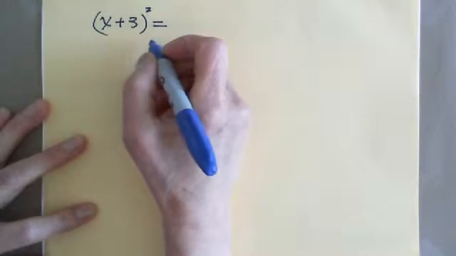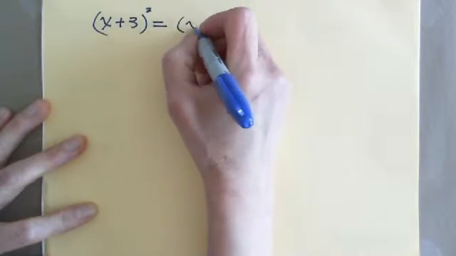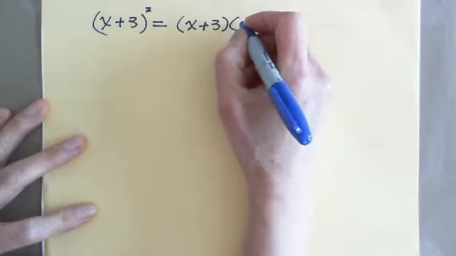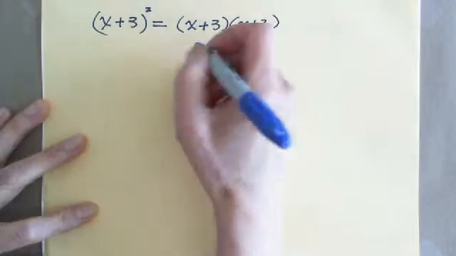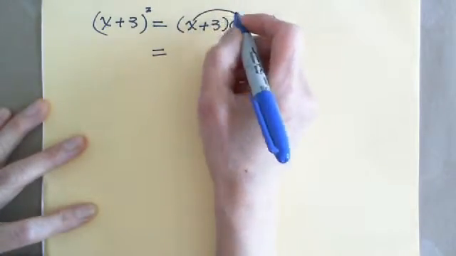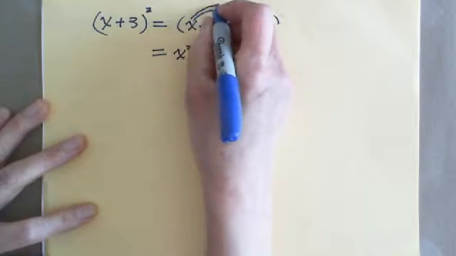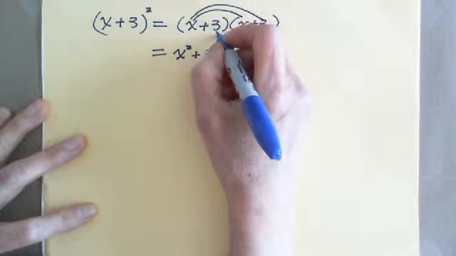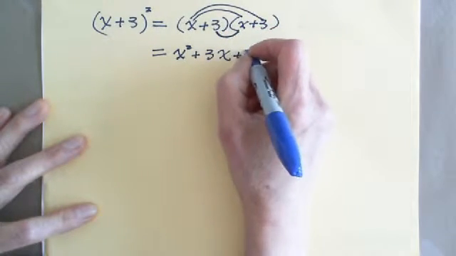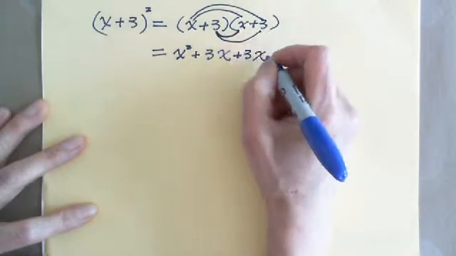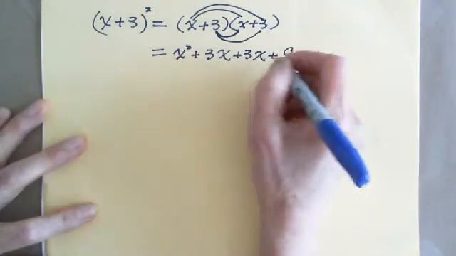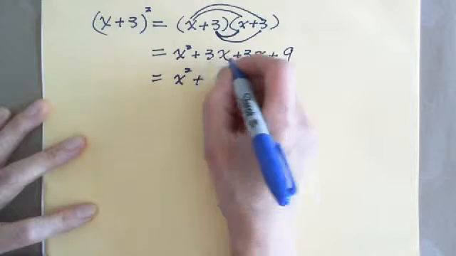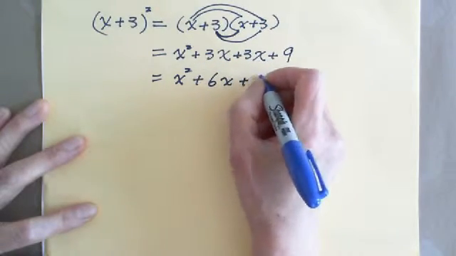When we expand this, because it's a perfect square, we have (x + 3)(x + 3). x times x is x squared, x times 3 equals 3x, and 3 times x is another 3x, and 3 times 3 we get 9. We combine: 3x plus 3x equals 6x, so x squared plus 6x plus 9.